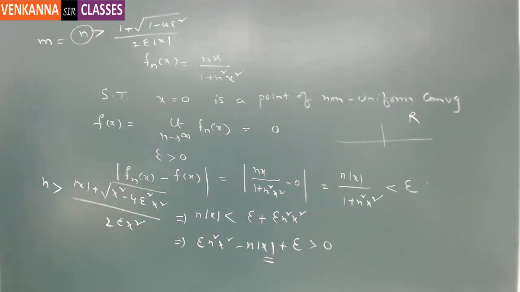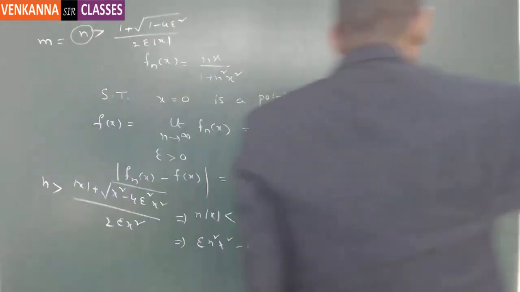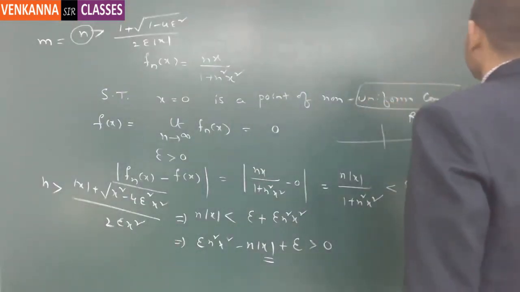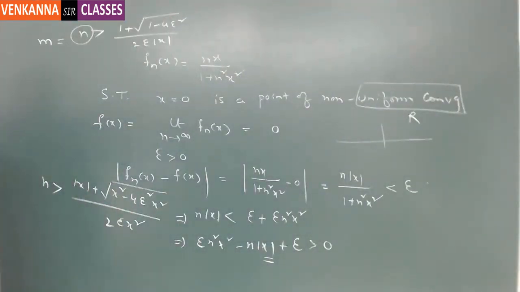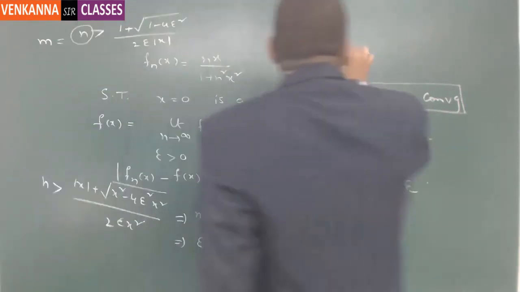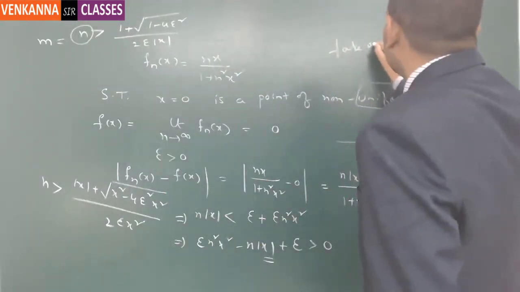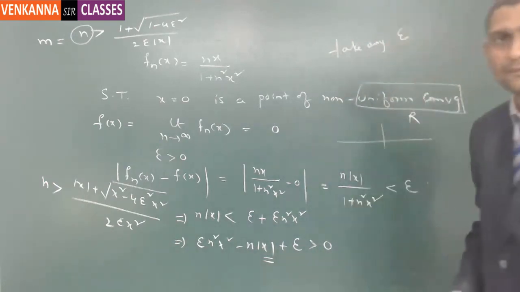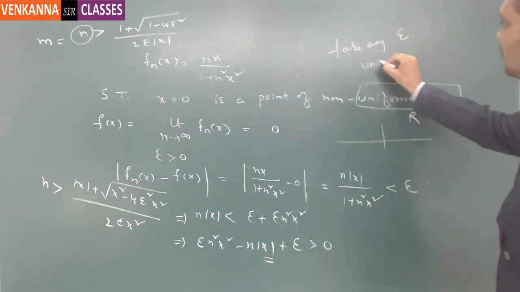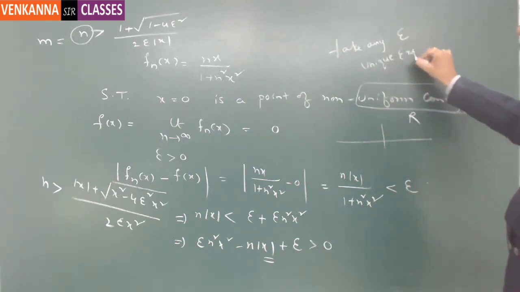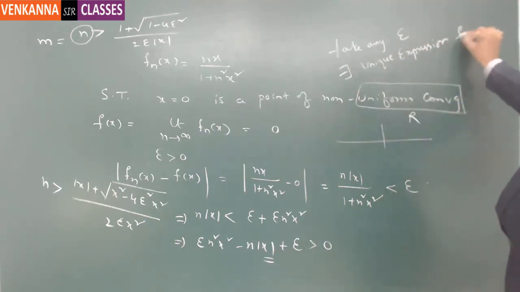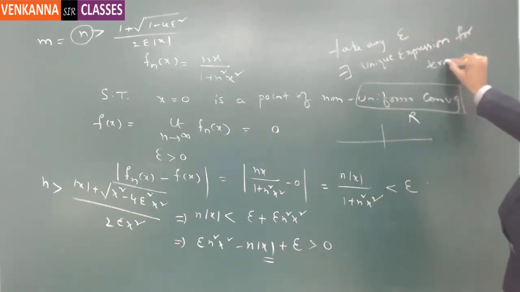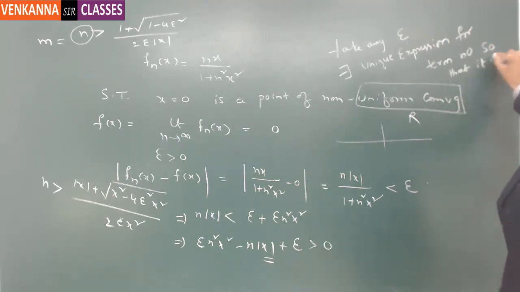I am saying that the word uniform convergence says that you take any epsilon, you should find a unique expression for the term number so that it is valid.